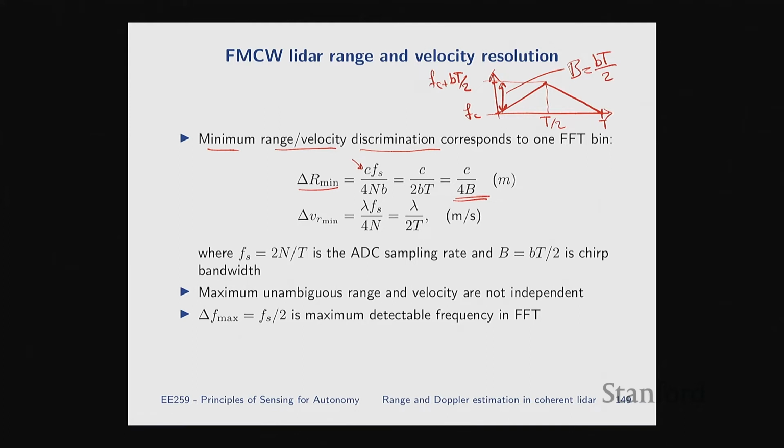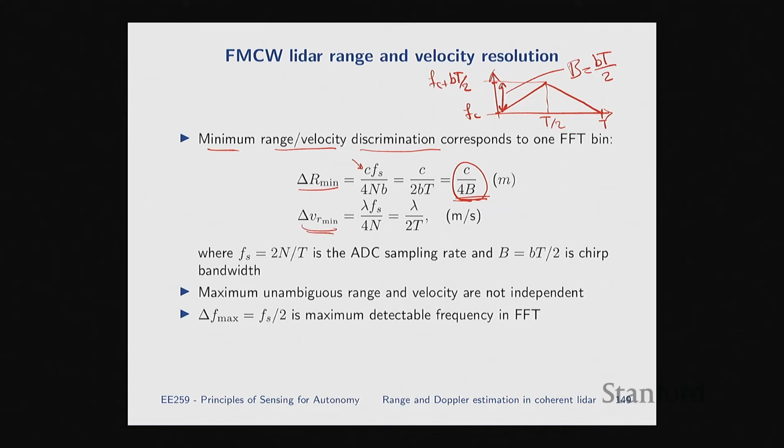For the case of radar, because it was just one up-ramp, your chirp bandwidth was B times T. There was no over 2, but here you have the chirp bandwidth for the same duration and same slew rate, basically. And if you compare this to what we had for radar, you would see that there's a factor of 2 difference. That's because the bandwidth you get, again, for the same slew rate and same chirp duration, is half in this case, because you need to ramp up and ramp back down.